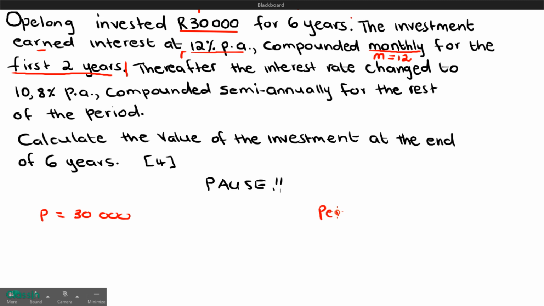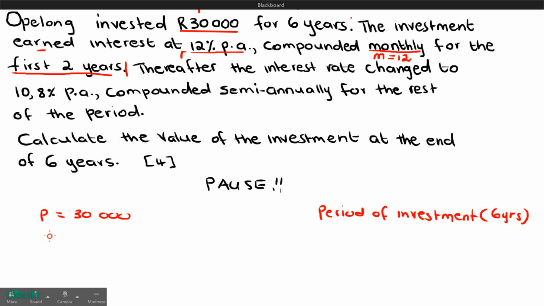This is the period of investment. The period of investment is 6 years. Now, what happens is that this 30,000 investment was actually taking place in parts of years within that 6 years.